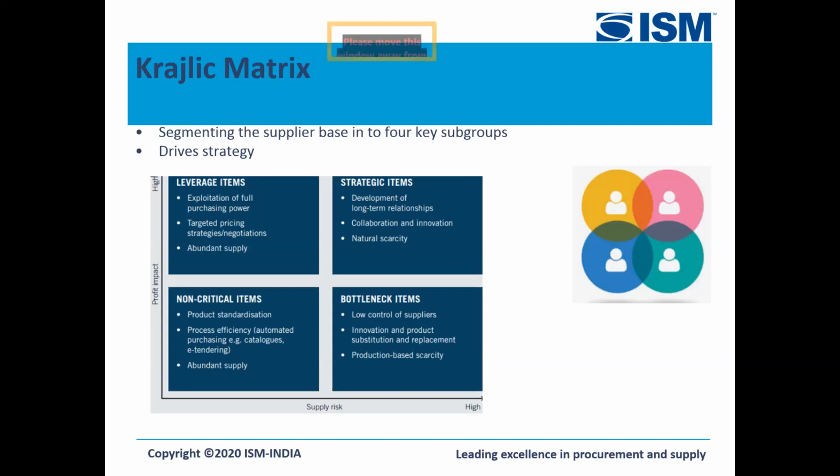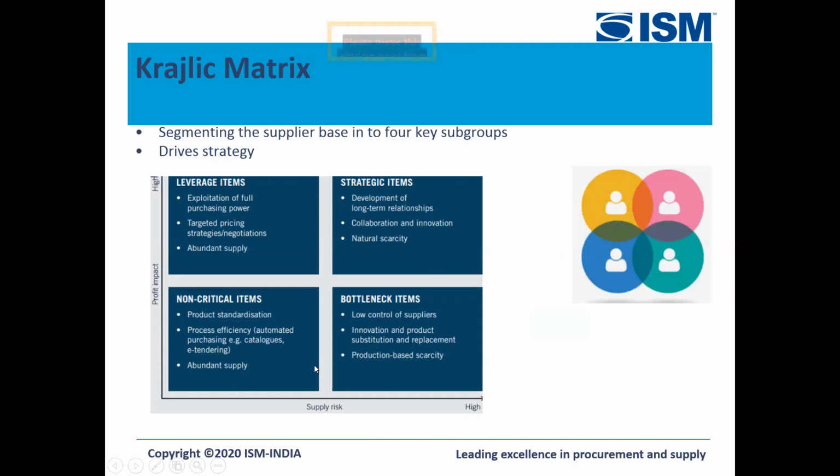On the basis of two parameters, the first is the availability of supply, the supply risk: how many suppliers are available, whether they are the least number of suppliers, whether we have to do international sourcing. Supply risk is on the x-axis, and the profit impact, or the amount of spend that you do, is on the y-axis.